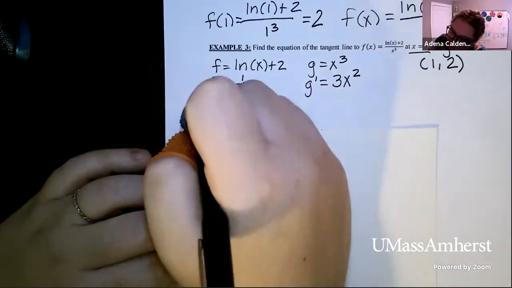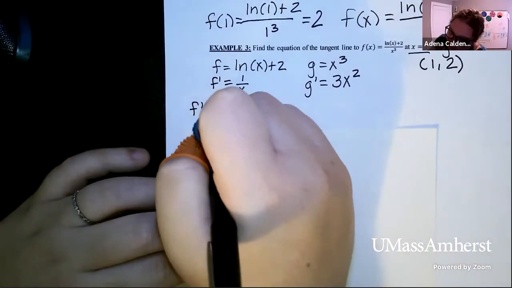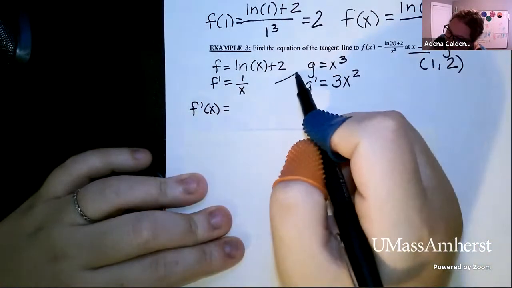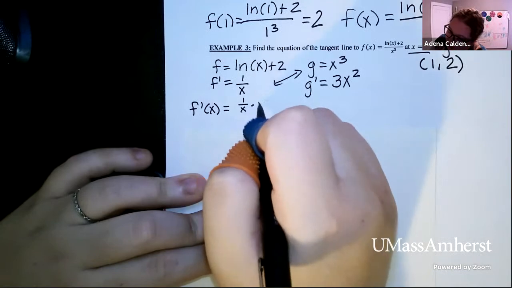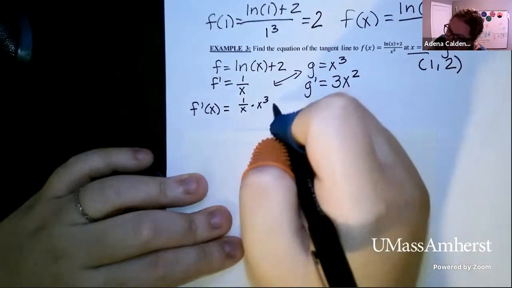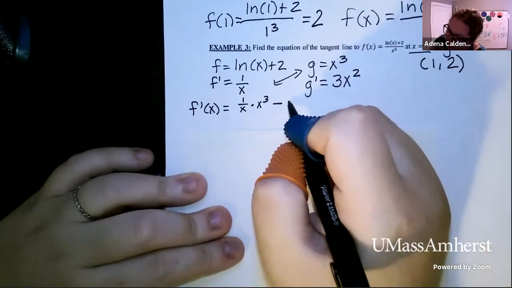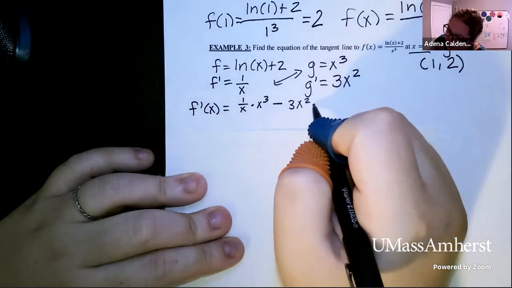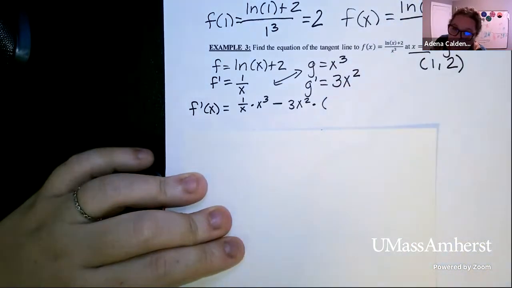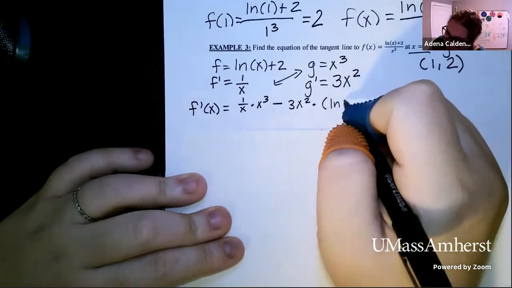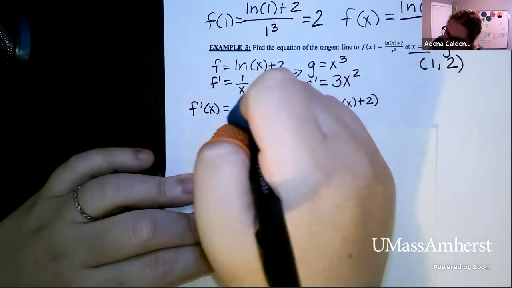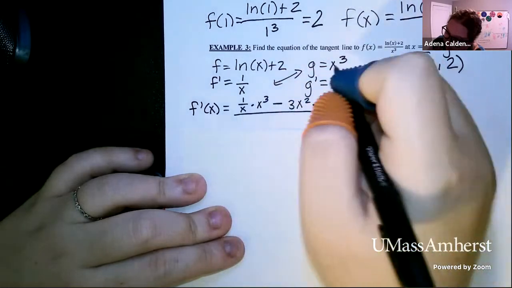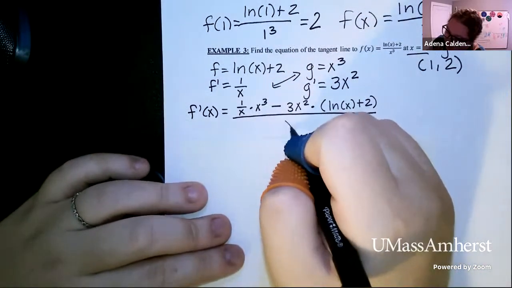So plugging everything back into our quotient rule formula, we're going to do f prime times g, so 1 over x times x cubed, minus g prime times f, and I'm going to use parentheses because there's more than one term, all divided by g squared.